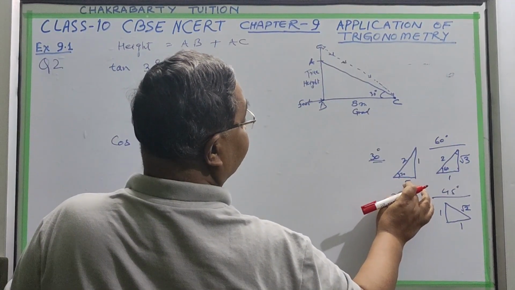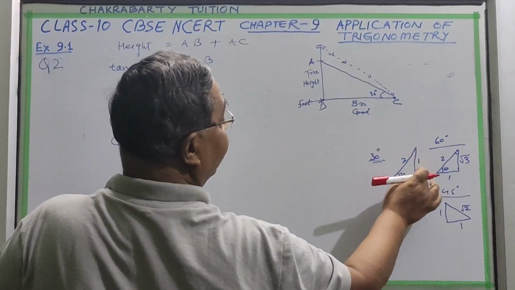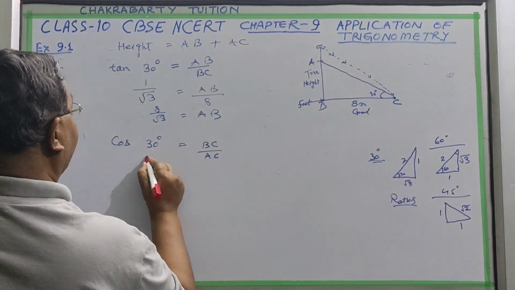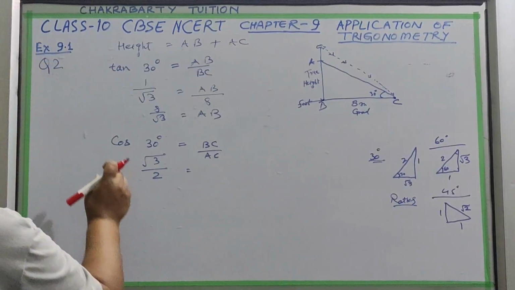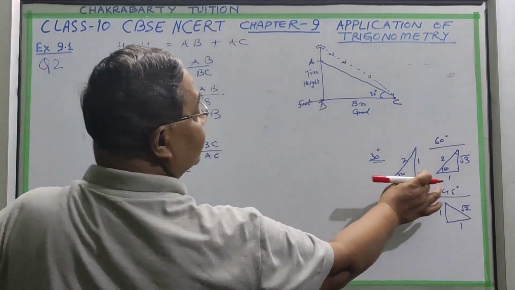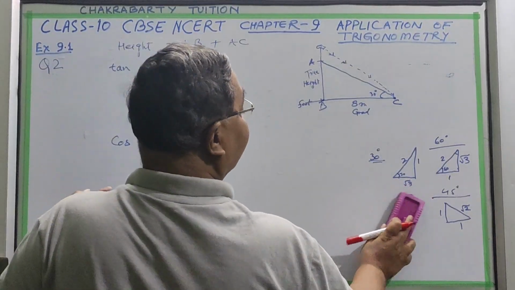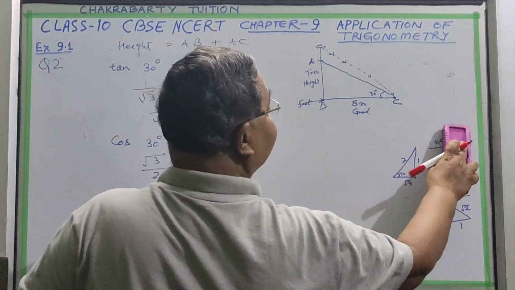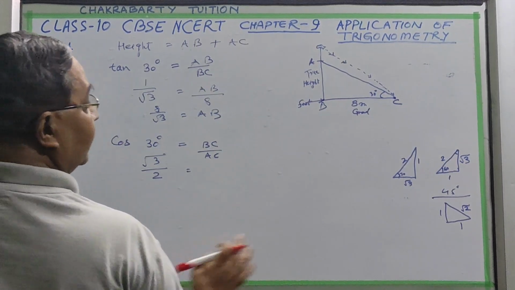Cos 30 will be under root 3 upon 2. If you learn all the ratios, it is very easy. Otherwise, just draw these triangles for yourself, and it will be easier for you.